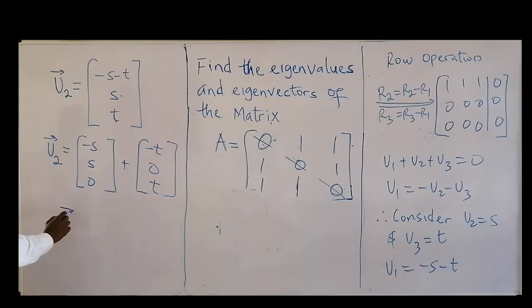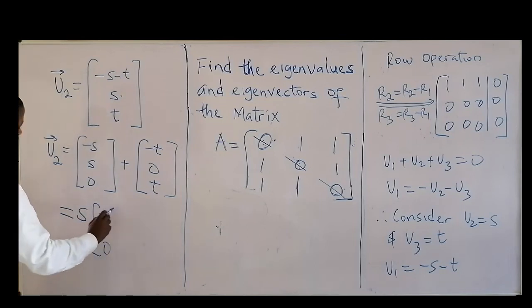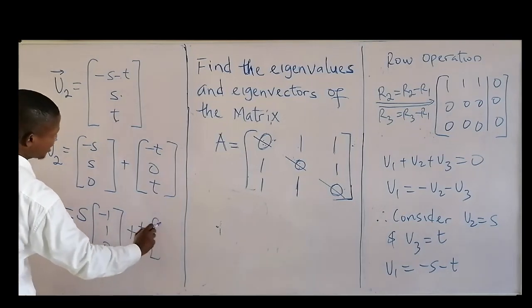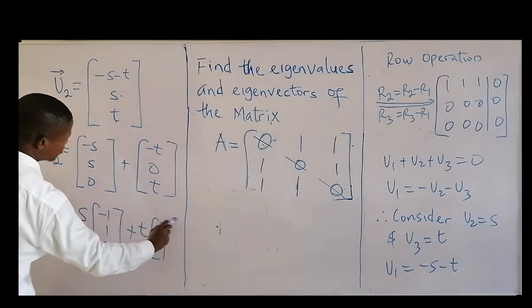Then we factorize the X, that will be minus 1, 1, 0, and also factorize the T, that will be minus 1, 0, 1.